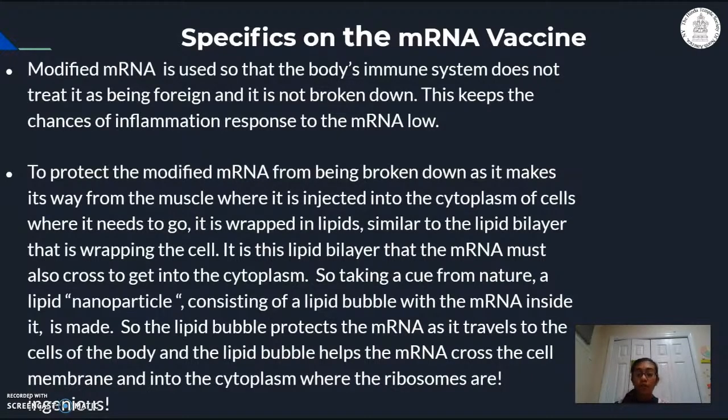So, taking a cue from nature, a lipid nanoparticle, consisting of a lipid bubble with the mRNA inside, is made. The lipid bubble protects the mRNA as it travels to the cells of the body, and helps the mRNA cross the cell membrane and into the cytoplasm where the ribosomes are. Very neat, isn't it?